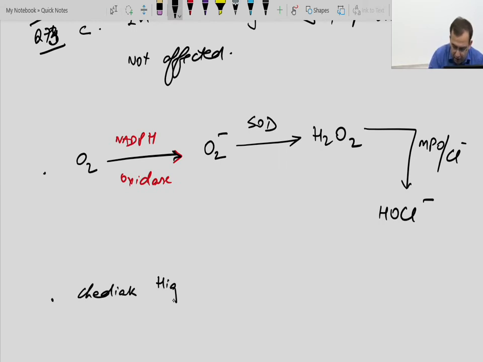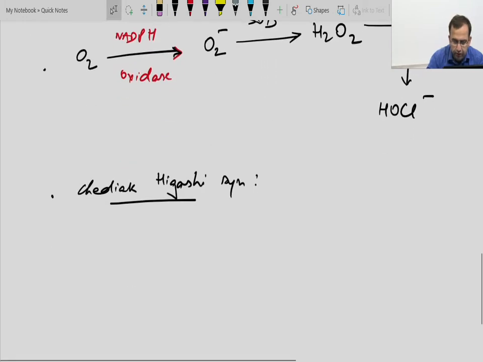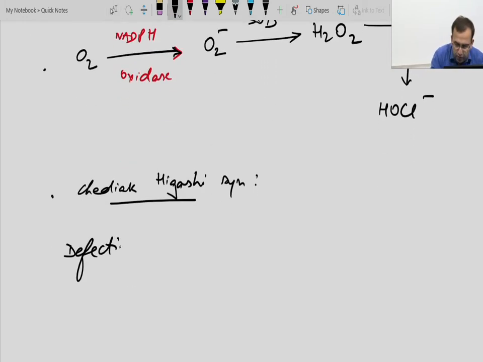Chediak-Higashi syndrome. This is defective phagolysosome formation. That is, phagocytosis is taking place, but it is not able to bind with the lysosome.